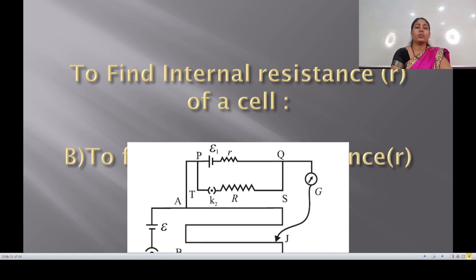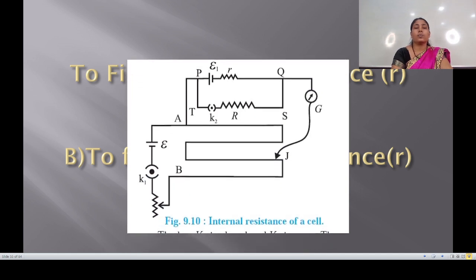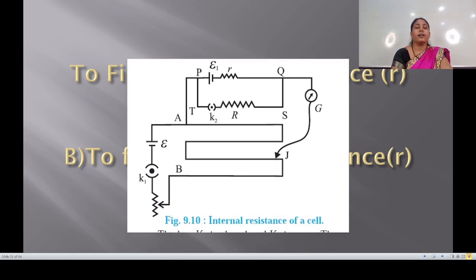Here the diagram shows the internal resistance of the cell. In figure 9.10 we see two keys, K1 and K2. The keys are connected in series with the resistance.